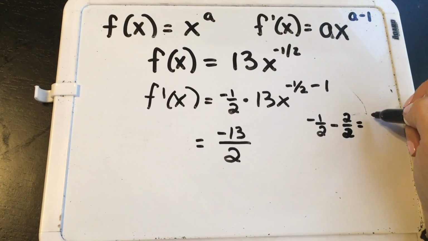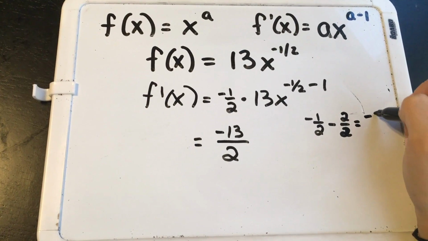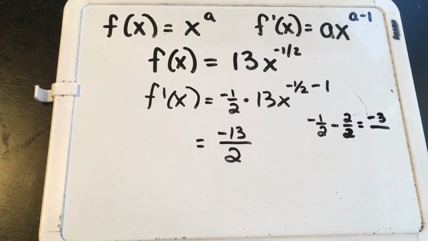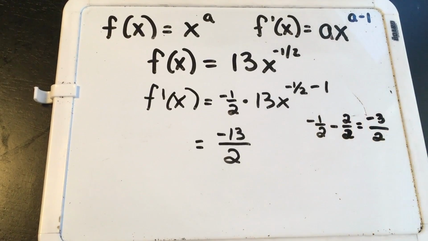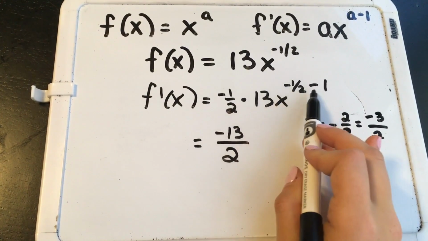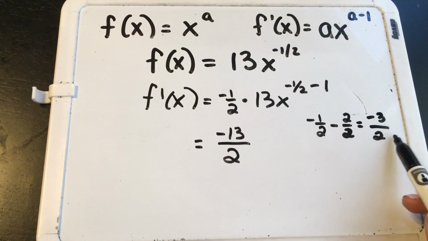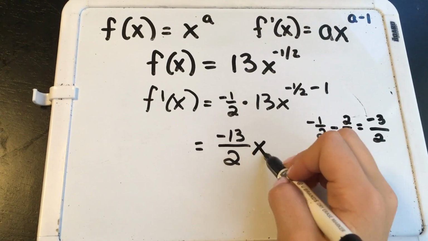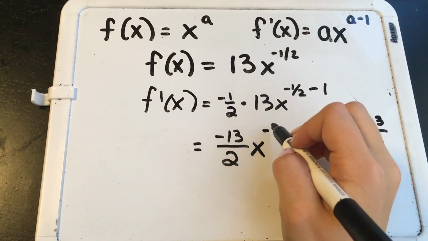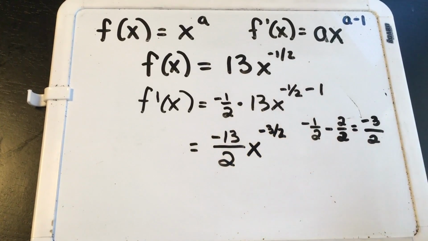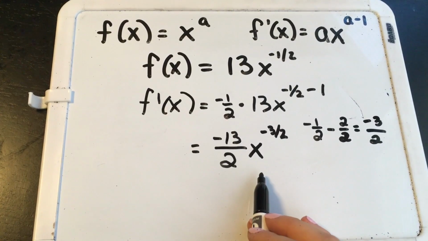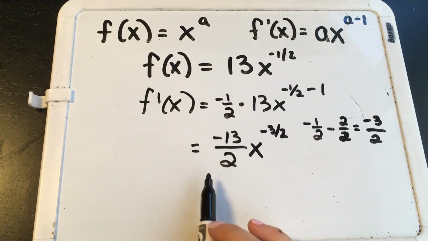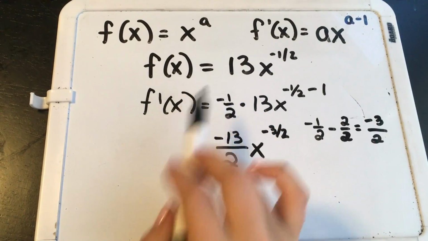Subtract the tops, negative 3 divided by 2. So negative 1/2 minus 1 is just negative 3/2. So now this x is being raised to the negative 3/2 power. And I know that this equation looks a little bit funky, but it is still the derivative of the original function.